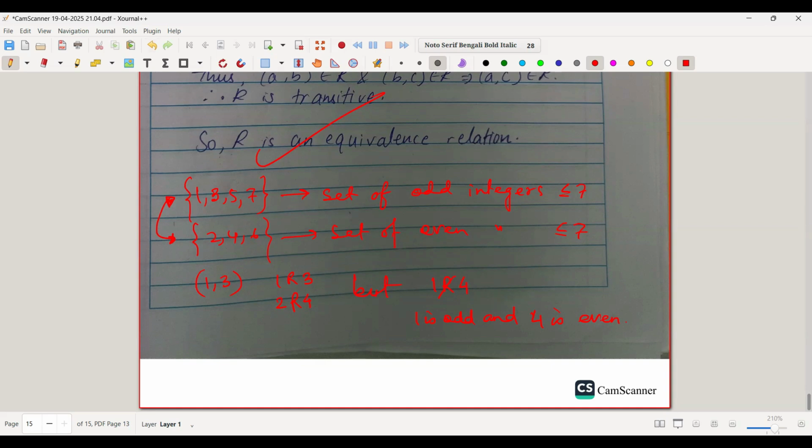So in this set, everything is related to each other by the relation R, and in this set everyone is related to each other by the relation R, but no element of this set is related to any element of the other set by the relation R. Okay, hope you understood it.